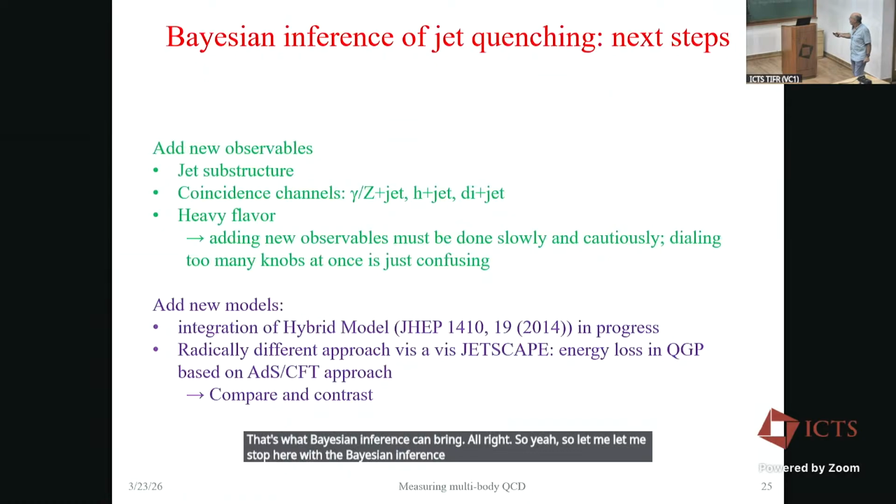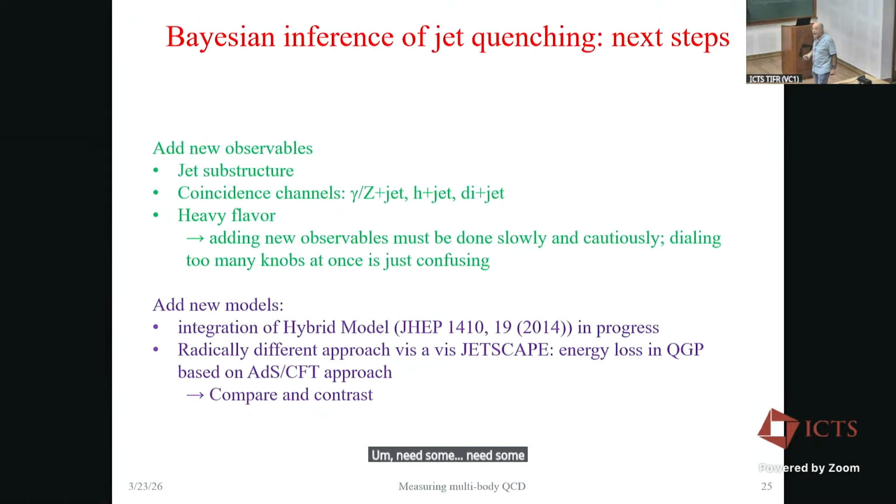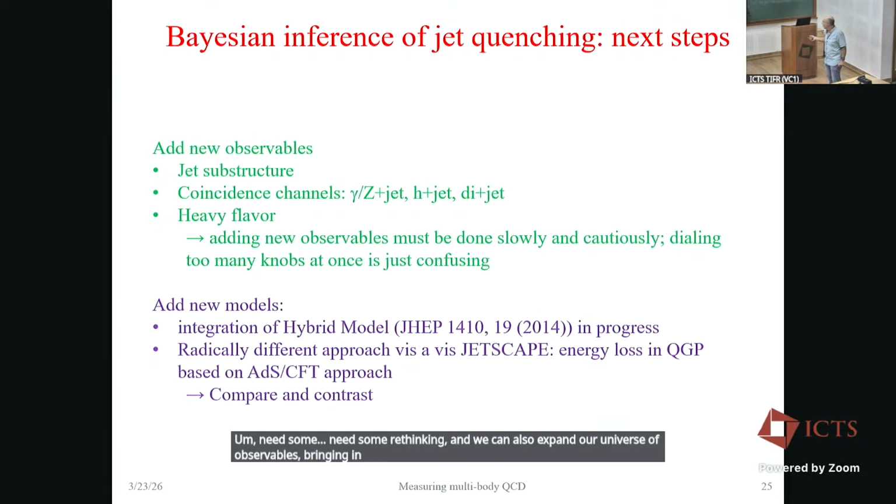So okay, sorry, but just what are the next steps? Well, certainly the model formulation needs to be addressed. Probably the virtuality dependence needs some rethinking, and we can also expand our universe of observables, bringing in jet substructure, bringing in coincidence channels like photon-jet or the hadron-jet that I talked about.